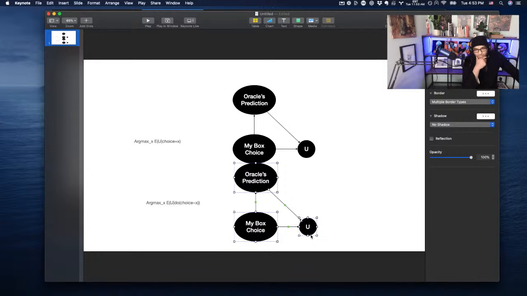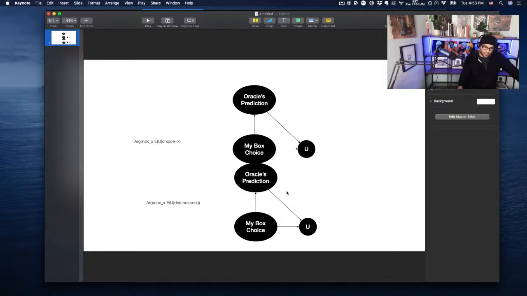I'm actually not sure how the intervention semantics helps here. So I change my choice. I don't know what the oracle's prediction is, for one.